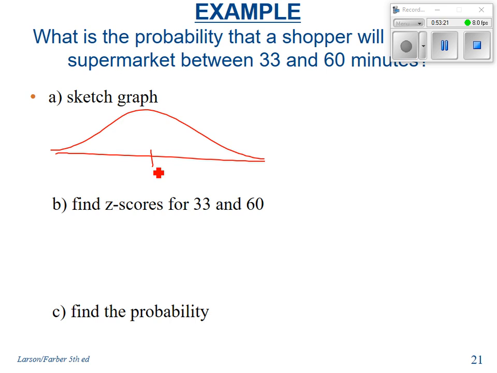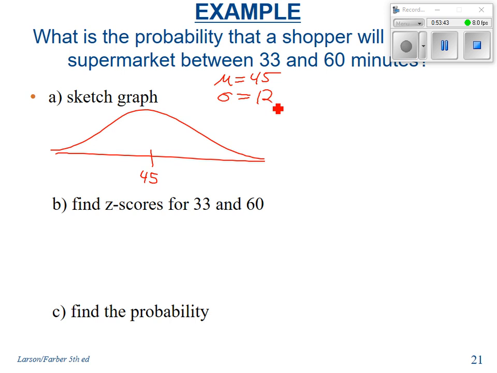What goes right in the middle of your graph? The mean. And the mean this time was 45. So every time, just put the mean right there in the middle. That was our mu. Our sigma was 12.